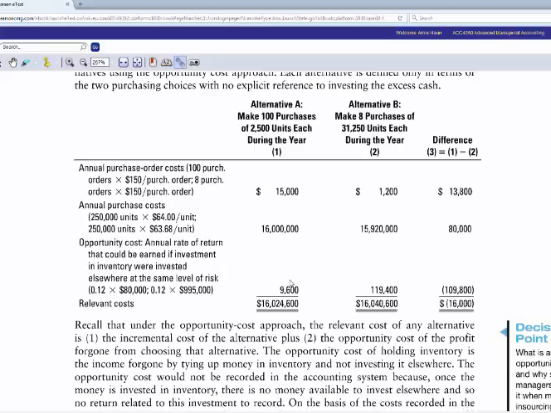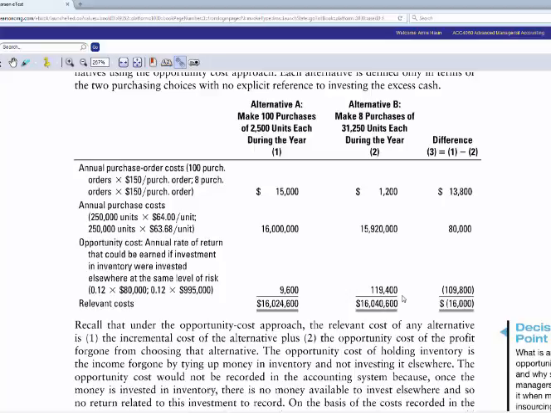But when we get down here and we add the opportunity cost to each one in regards to the 12% cash return, you can see that we're only giving up $9,600 in opportunity cost under Plan A, but we are giving a whole lot up, $119,400, if we do Plan B.